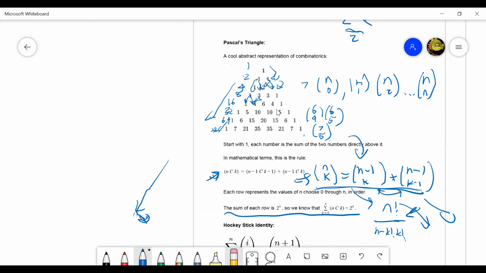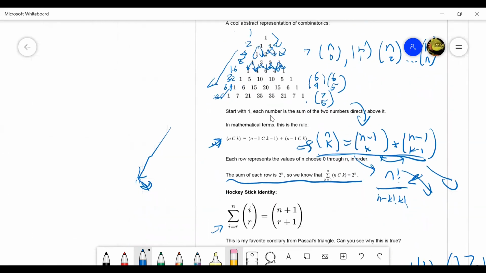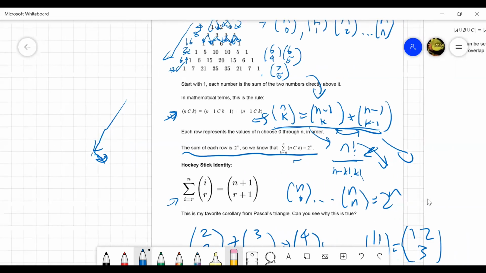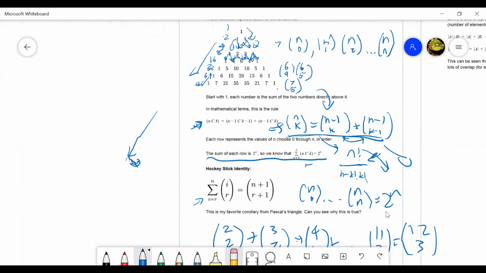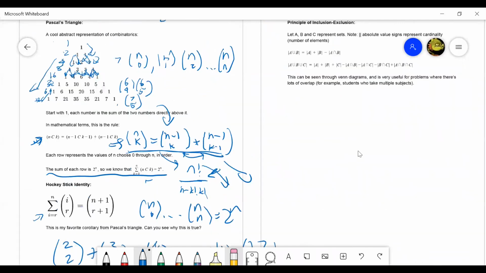So that's why it's always exactly 2 times, and that's why we can guarantee that the sum is always 2 to some power. From that, we can easily show that the sum from n choose 0 all the way to n choose n is equal to 2 to the n for any value of n. This is an important fact to remember, and it's useful regardless.